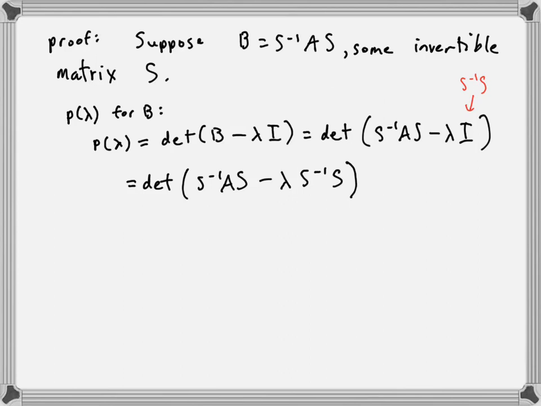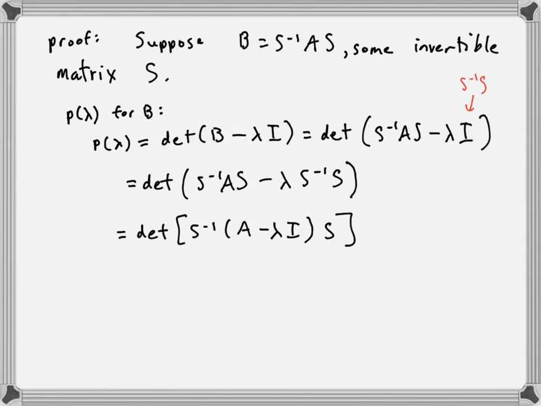Now here's the trick. The trick is to factor an S inverse out on the left. I can do that over lambda because lambda is just a scalar. So this is equal to the determinant of, if I factor an S inverse out, let's see what we get. Oh, and I can also factor an S on the right. So here's what we get. Right?